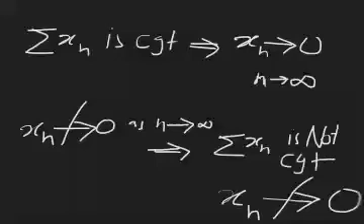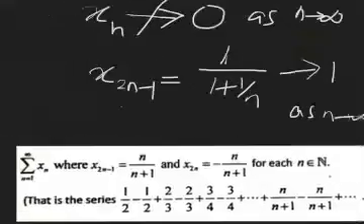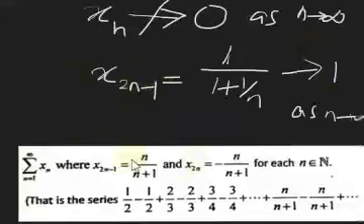Right? We showed that because of this here, this is a subsequence of this sequence x_n. This subsequence converges to 1.